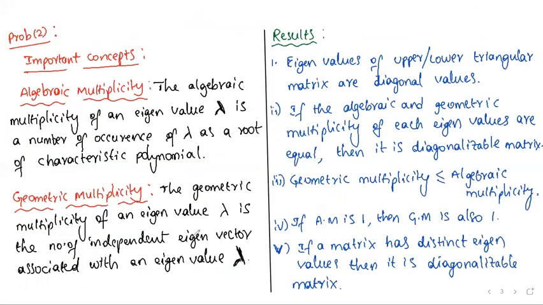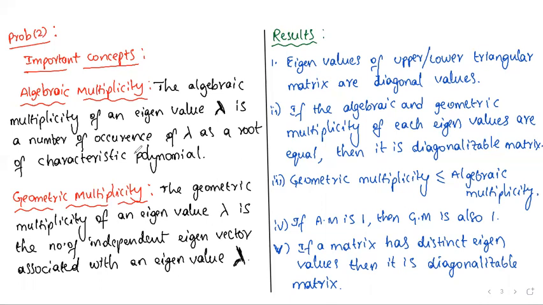And next, some important concepts and definitions on algebraic multiplicity and geometric multiplicity. Already we know the algebraic multiplicity. The algebraic multiplicity of an eigenvalue lambda is the number of occurrences of lambda as a root of the characteristic polynomial.